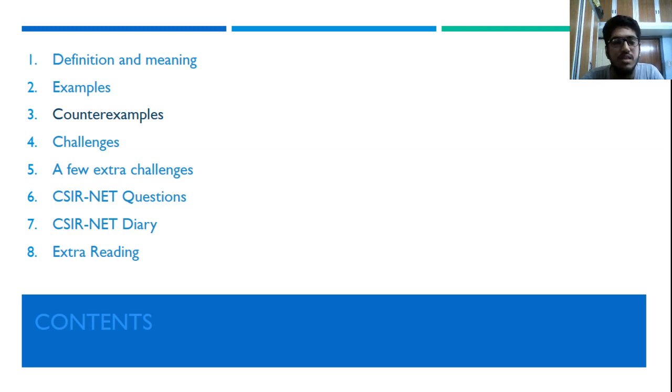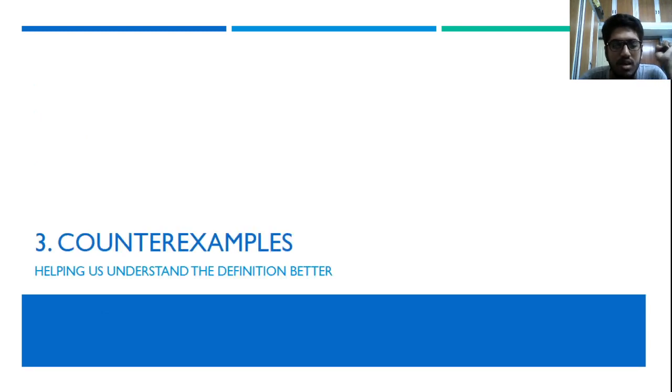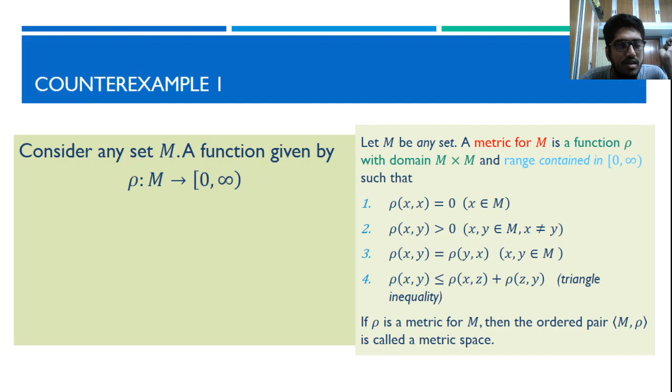Because nowhere in the definition do we explicitly say that 0 should be in the range of every metric. And it turns out that in one of the counterexamples we noticed that 0 must be an element of the range of any given metric. We'll quickly go through those counterexamples and then we'll continue with the other content.